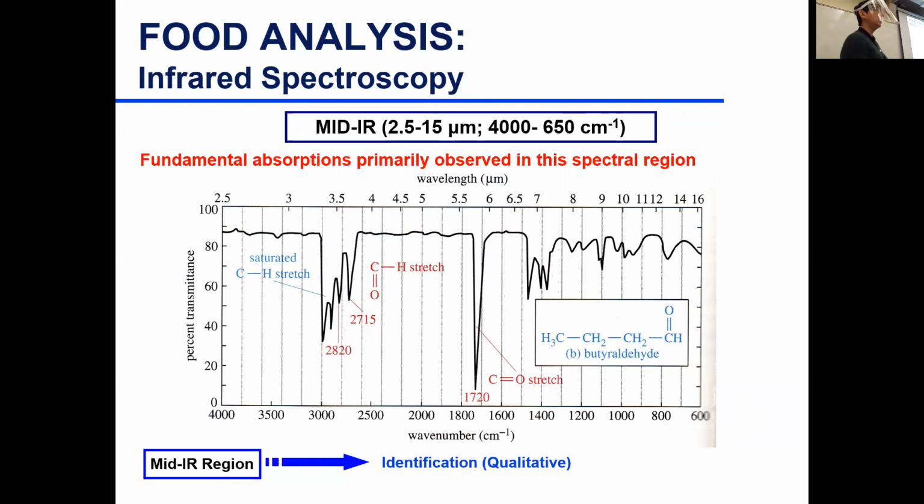We use it a lot in proteins as well when we look at the secondary structure of the protein and how it's impacted by different processing conditions. We can look at different bands or different wave numbers and determine how the structure changed due to processing.